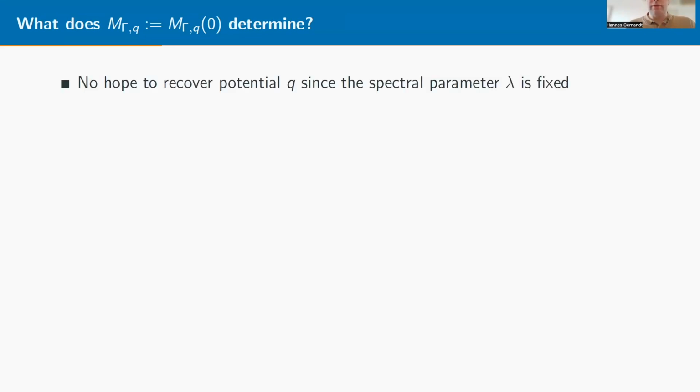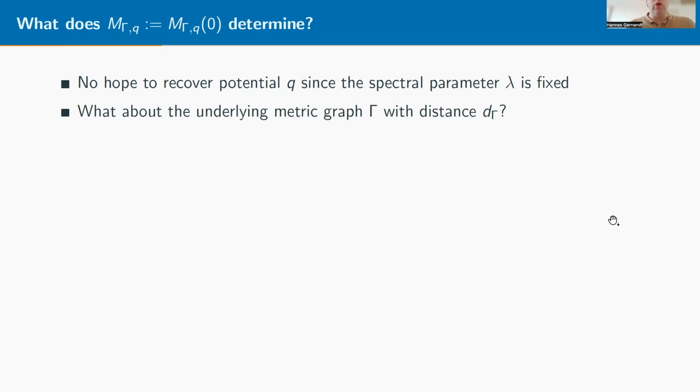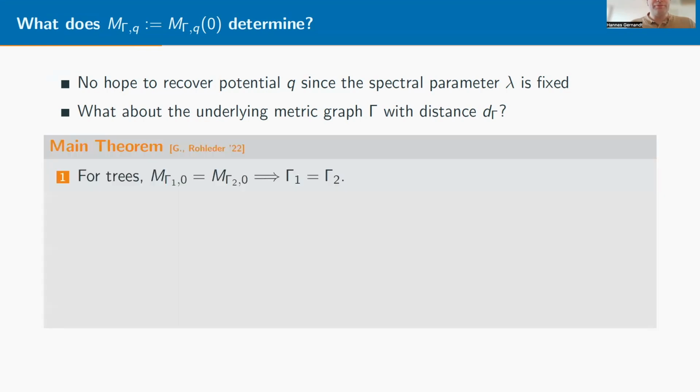In fact, there is no hope to recover the potential, since we fix the spectral parameter. However, we could ask, could we reconstruct the underlying metric graph, which of course has a certain distance function if you think of measuring distance between vertices and taking into account the length of the intervals.